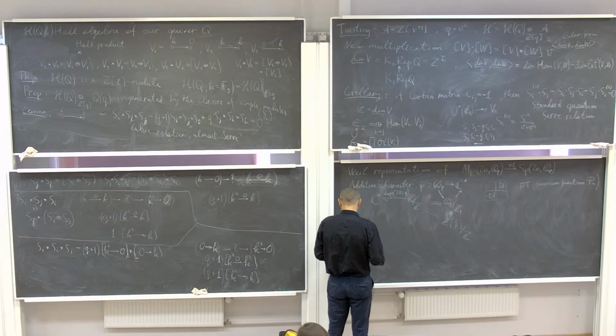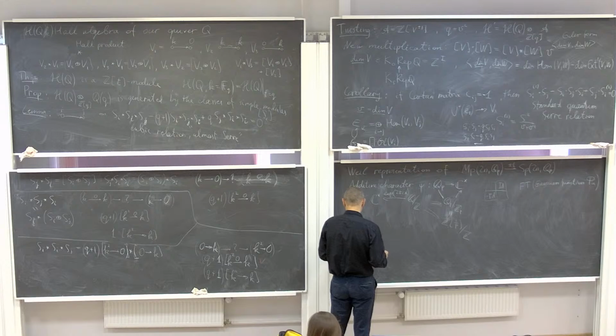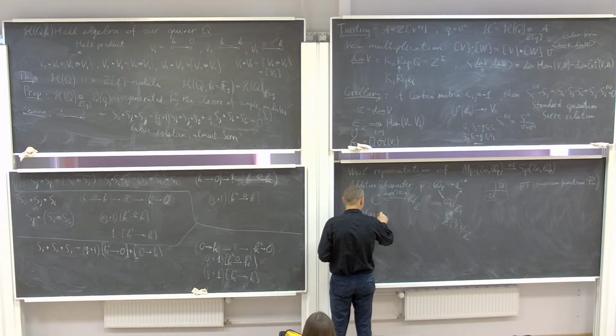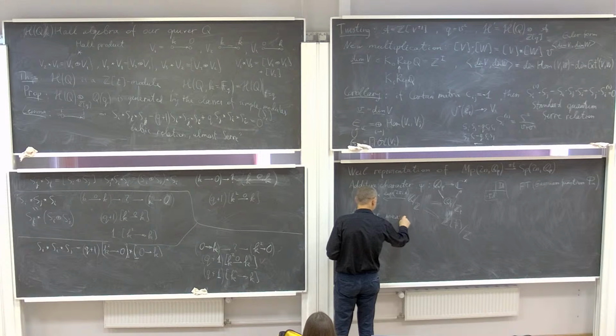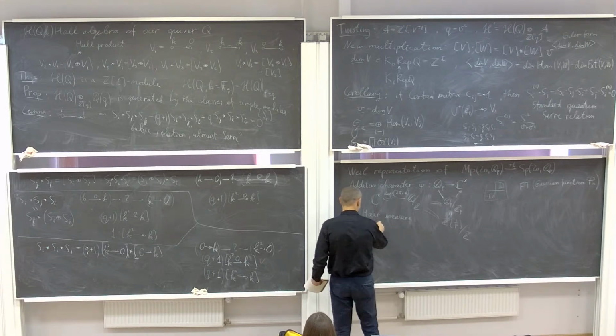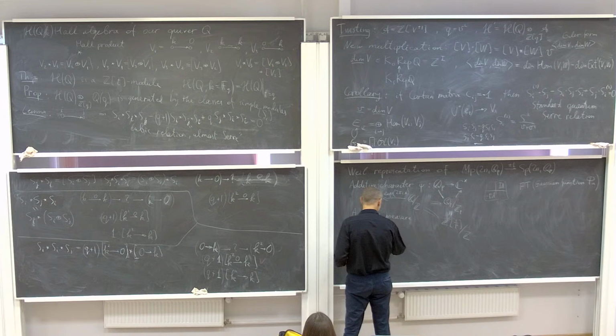Okay. Now we will also need a Haar measure on our field K of p-adic numbers.